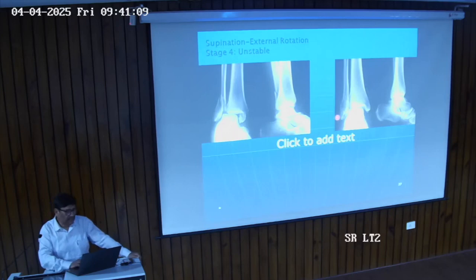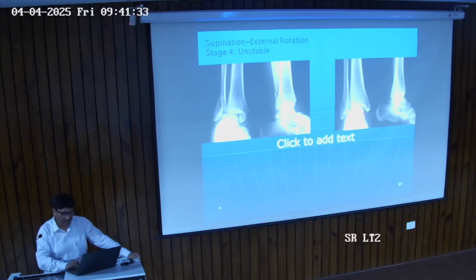Here in this case there is a clear distal fibula fracture pattern, which is the same, posterior superior to anterior inferior, plus there is a medial malleolus fracture. But here we do not see a medial malleolus fracture. This could be stage 2 injury also. But if you see the medial joint space, this is more than 4 mm.